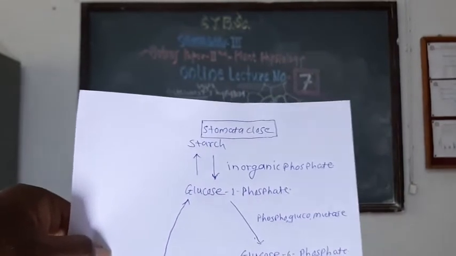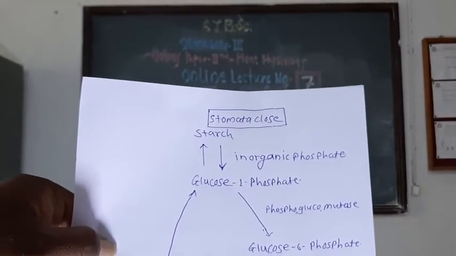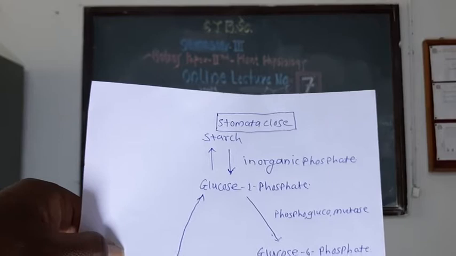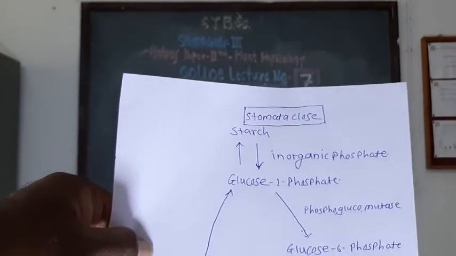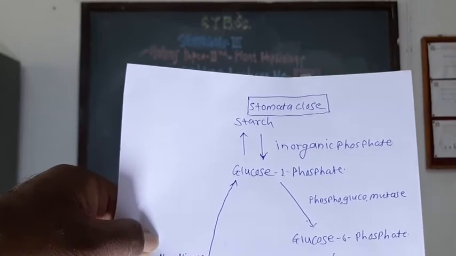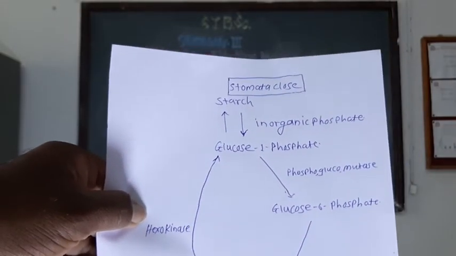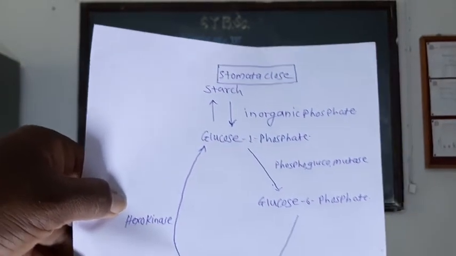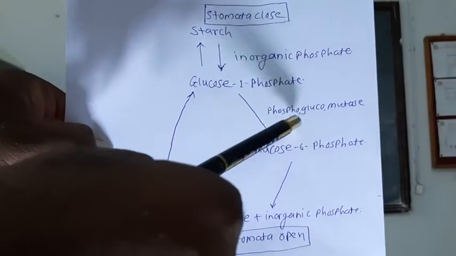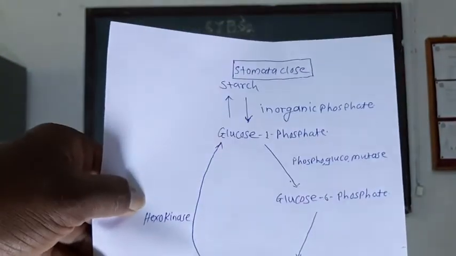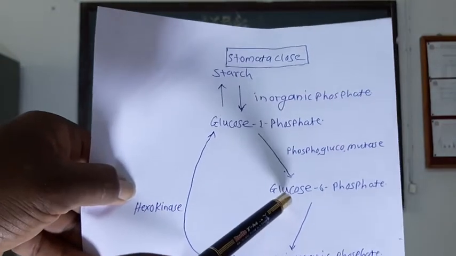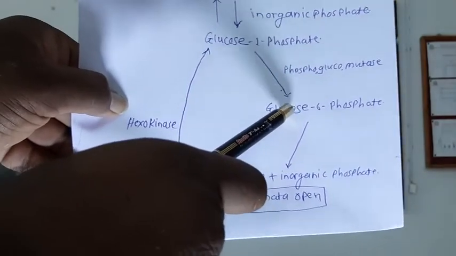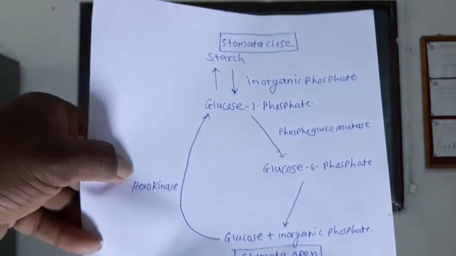Then what happens? In the presence of the enzyme phosphoglucomutase, glucose 1-phosphate is converted into glucose 6-phosphate. Understand?